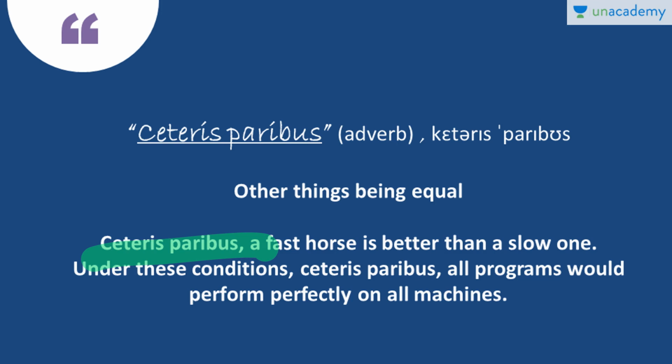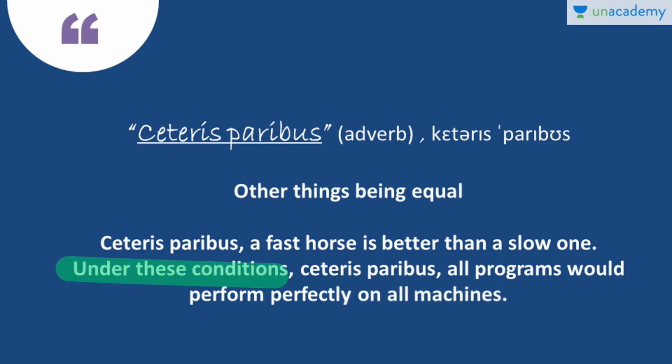The next is: under these conditions. There must be some conditions which I am assuming, like the temperature is this much, and we can talk about the temperature because we are talking about a machine. So let's say a specific temperature is there, a specific pressure is there. These are the conditions I'm talking about.